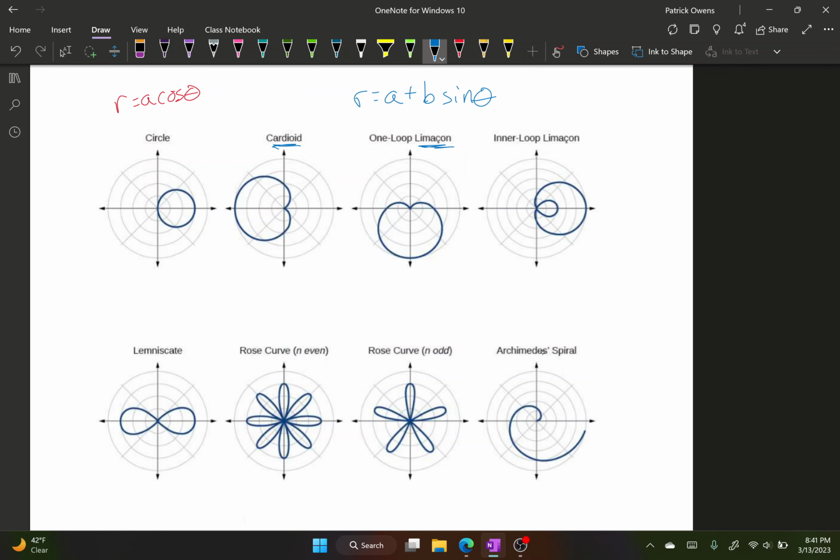In order to understand what's going on with these and be able to look at an equation and think about what the graph will look like, we need to be able to compare these two numbers, a and b. When we are doing this, it's always going to be in absolute value. So there is a cardioid if the absolute value of a is equal to the absolute value of b.